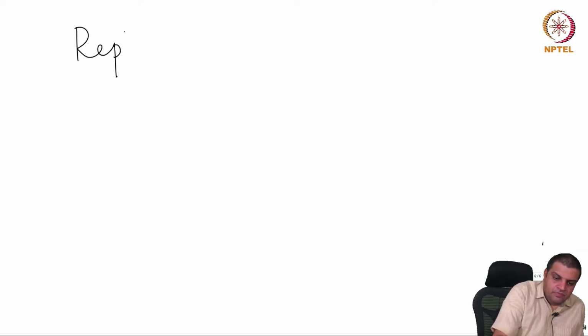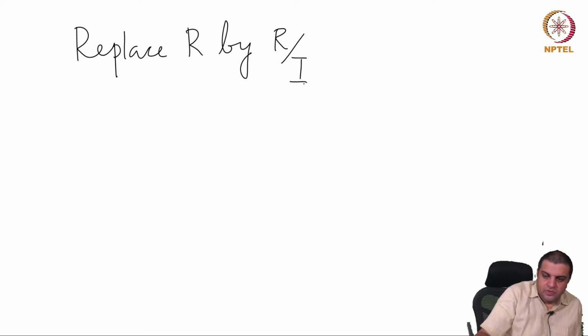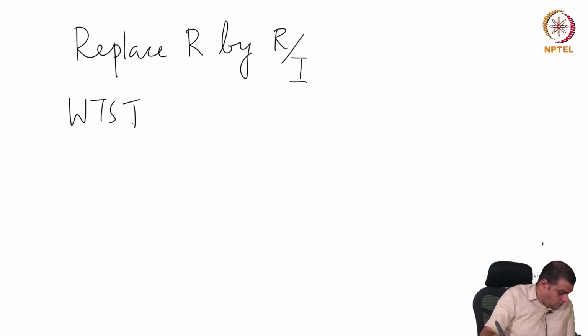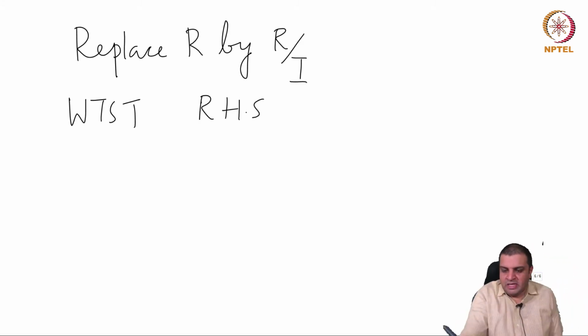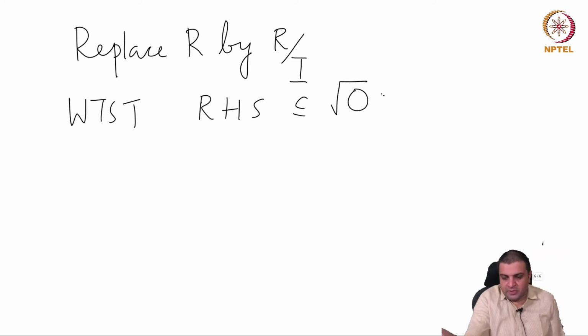Or let's kill I, so replace R by R mod I. Then we want to show that the right-hand side is inside the nilradical. I replace the right-hand side by the appropriate object. Primes containing I are precisely the primes of R mod I, and the left-hand side becomes the radical of 0, the nilradical.